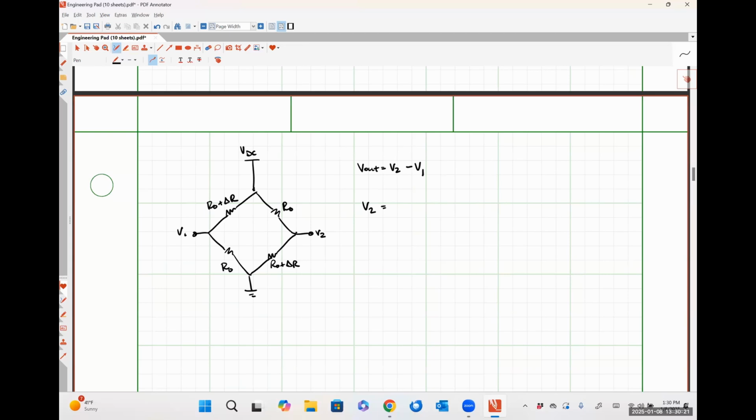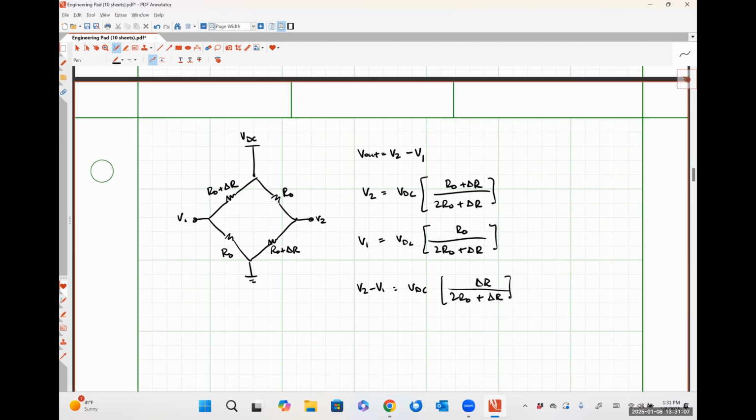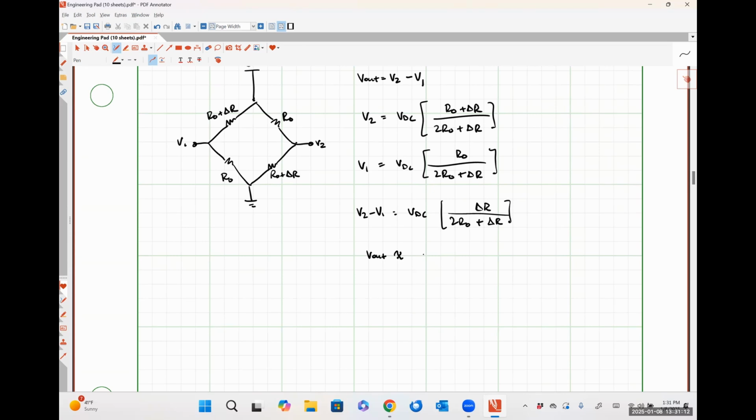V2 is the exact same thing that we saw earlier: VDC times R naught plus delta R over twice R naught plus delta R. V1 from voltage division is going to be R naught over twice R naught plus delta R. And when we take the difference of these two things, we're going to wind up having VDC times delta R over twice R naught plus delta R. But since R naught is so much greater than delta R, this is going to look approximately like VDC times delta R over twice R naught, or 1/2 VDC delta R over R naught.